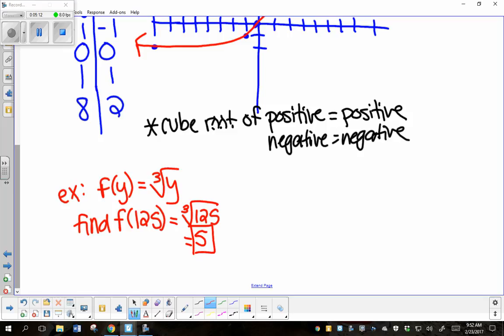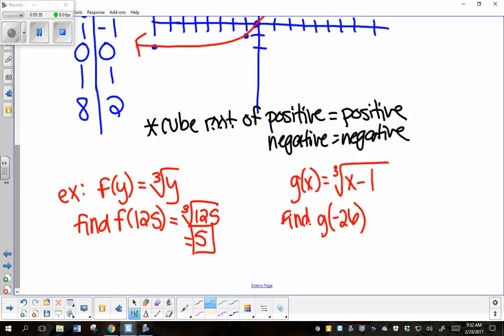Let's do another one like that. So we're going to do a function g of x, and it equals the cube root of x minus 1. We're going to find g of negative 26. That means we're going to plug in negative 26 wherever we see an x.